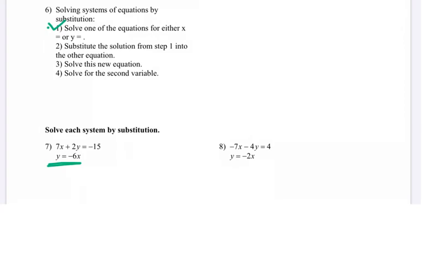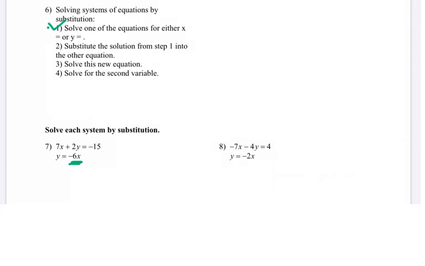So now we're going to move to step 2. Substitute the solution from step 1 into the other equation. So the solution for step 1 would be negative 6x because that's what y equals. Whatever your y or x equals, that's what's going to go into our other equation.